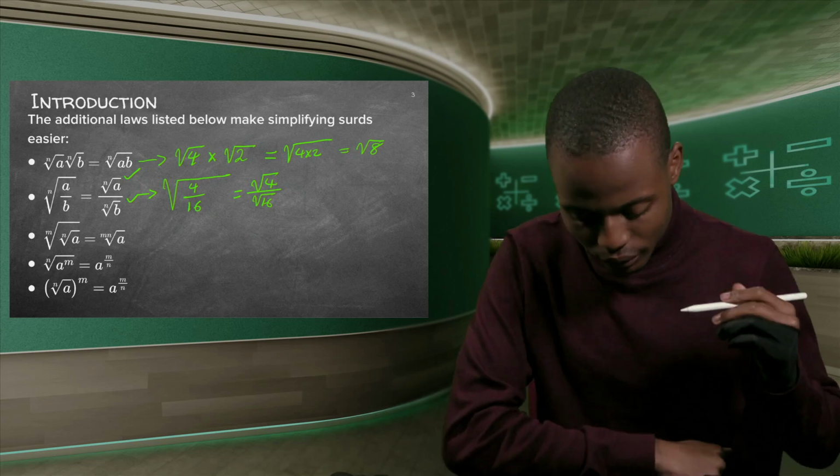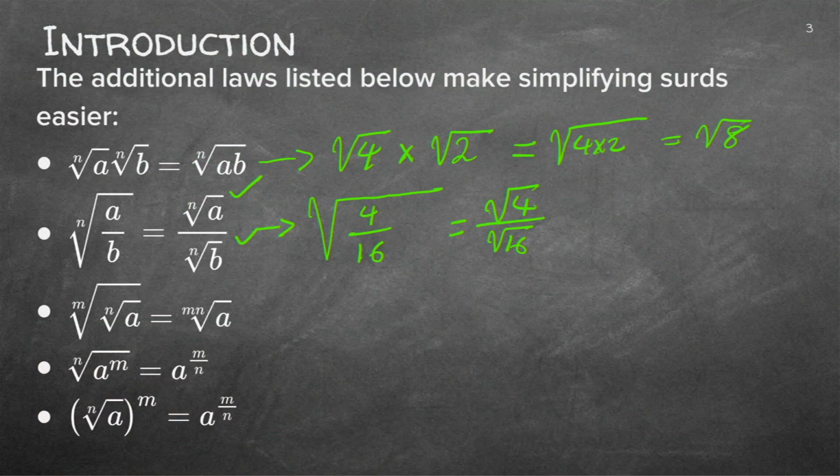The third law says, if you have two root signs or two radicals following each other, you can easily multiply their values.